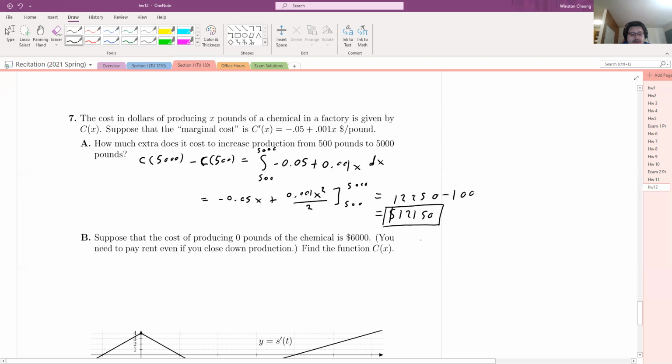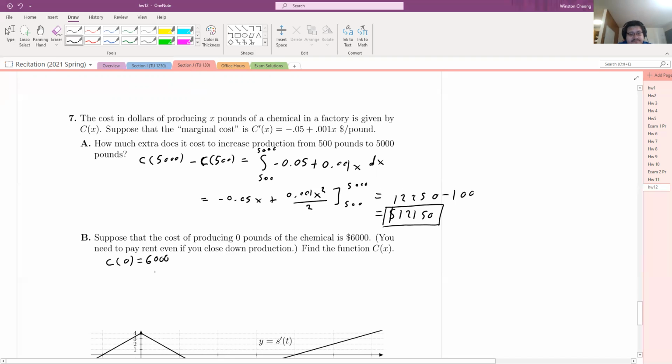Okay. Now part B is asking something related, but not 100% related. So it's instead telling you that the cost of 0 pounds is 6,000. That's what you'd call an initial condition. You're told C of 0 is equal to 6,000.